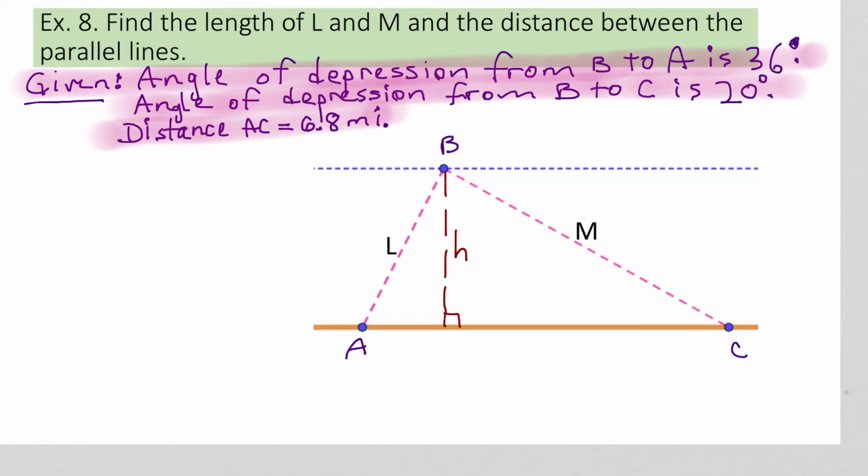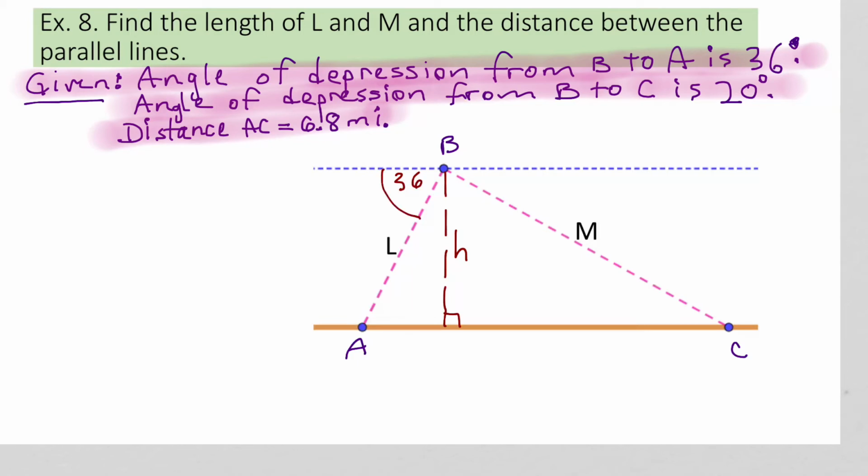All right, the information is given this way. The angle of depression from B to A is 36 degrees. So if I'm at B and here's the horizontal through B, I'm looking down and I'm rotating through 36 degrees while I'm looking at A. So that means this here is 36 degrees, angle of depression.